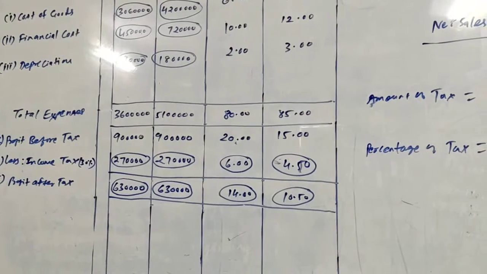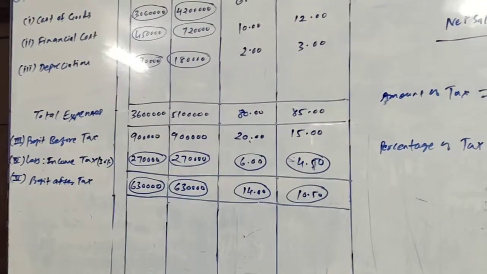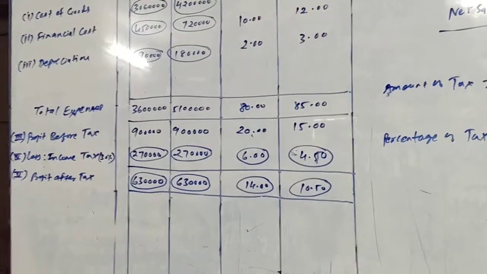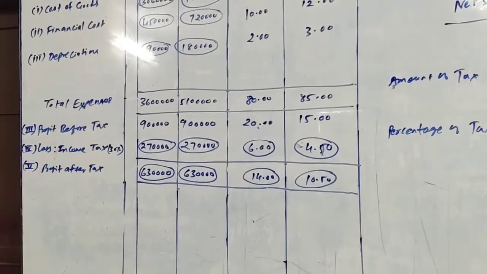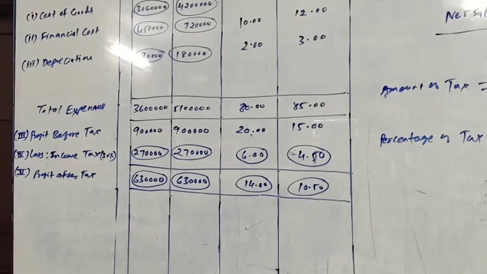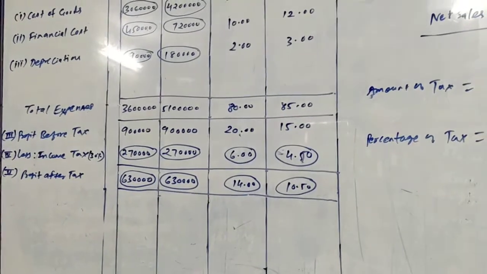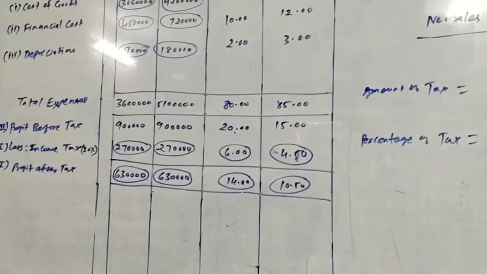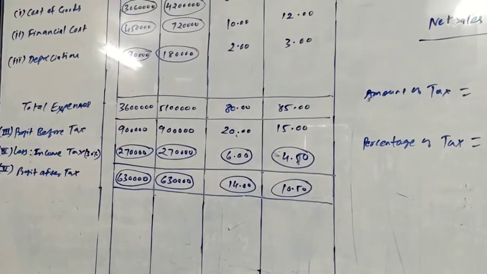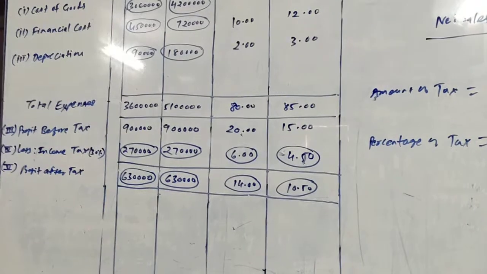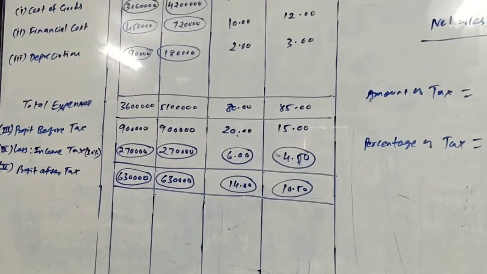And profit before tax, earlier it was 15% of sales, now it is 20%, so there is an increase in profit. And tax, earlier it was 4.5% of sales, now in this year it is 6% of sales, so the taxes have gone up. Obviously profit rate is more, so tax will be more.